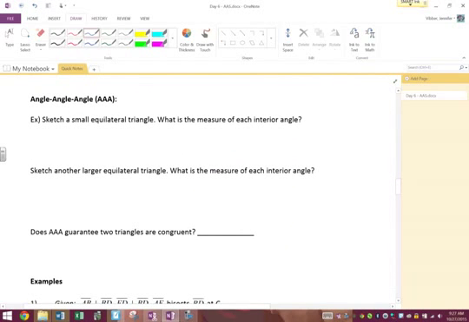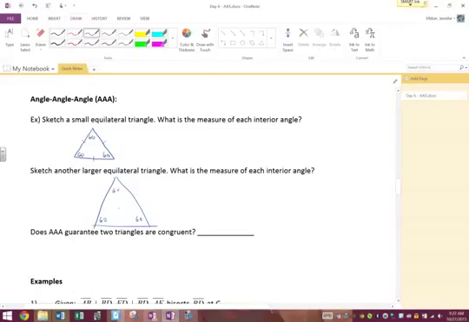Moving a little bit forward, what about AAA? Let's sketch a small equilateral triangle. If this is equilateral, all the sides are the same, and therefore so are the angles. In an equilateral triangle, I get 60, 60, and 60. Well, what about this guy? Isn't this equilateral also? Absolutely. These are still 60.